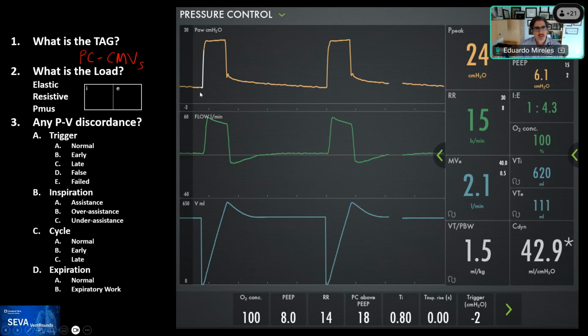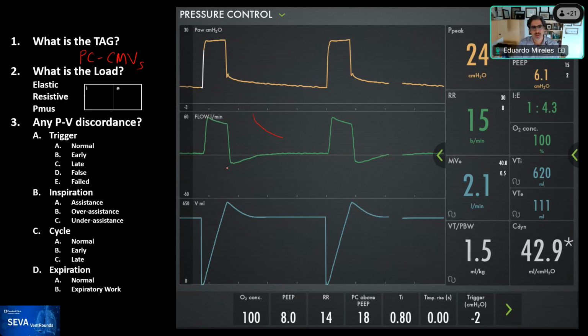So we see, yes, a trigger here, but I always remember if you're controlling the pressure, your eyes will go and look. You're always going to go and take a look at the flow waveform. So as you see the waveform, it's going to be a little bit tricky in this case, but remember that what you're looking for is an exponential decay of the flow, just like perhaps this one.